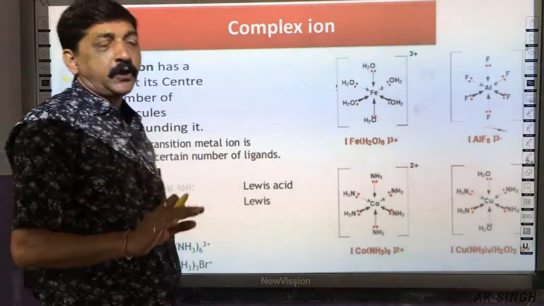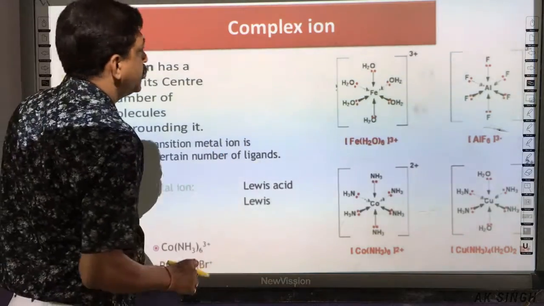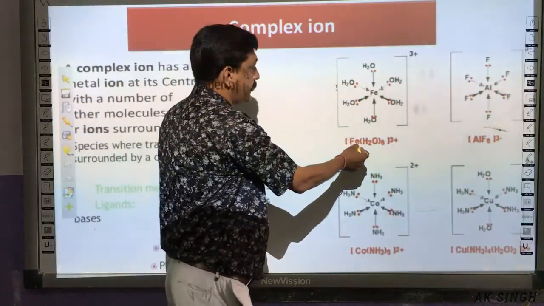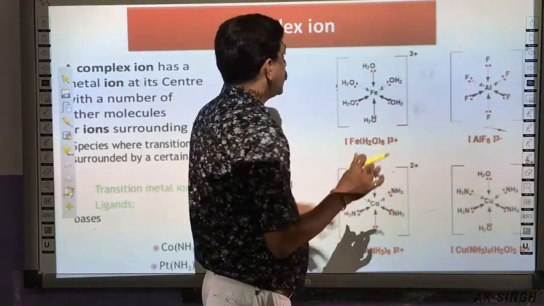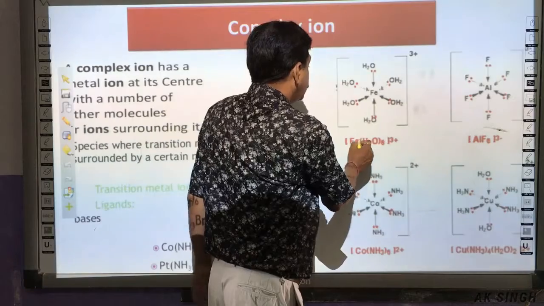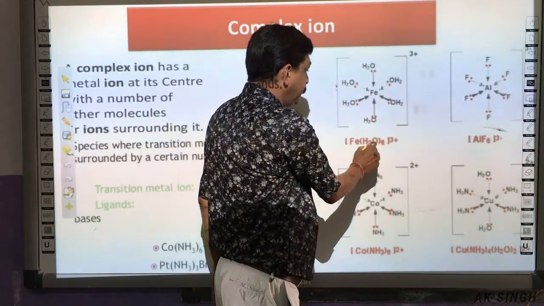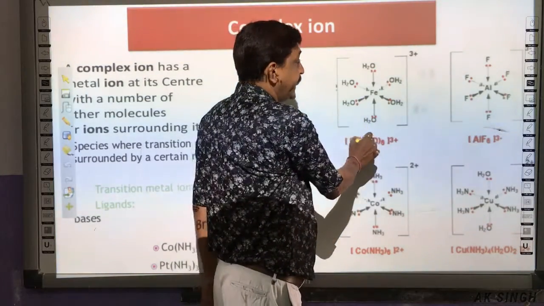Now, let us see a few more examples of the components of a coordination compound which I have just explained on the board. This is one example: Fe(H2O)6 3+. This is the complex ion. In the bigger bracket, Fe is the central metal atom and these 6 H2O act as ligands.